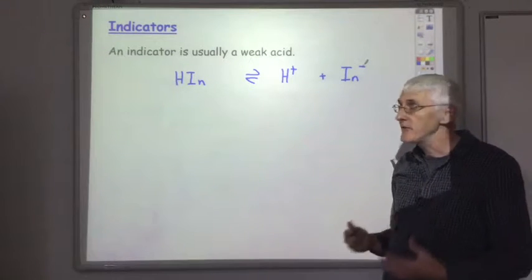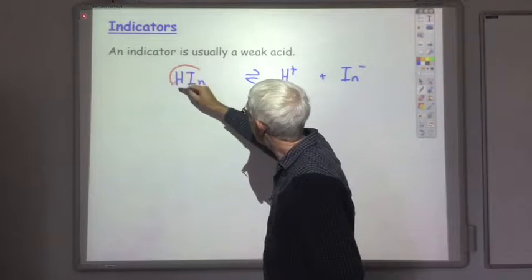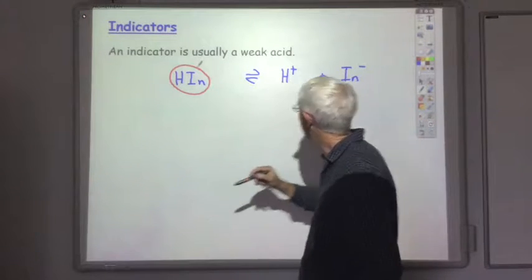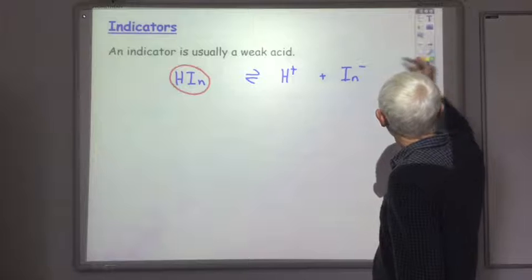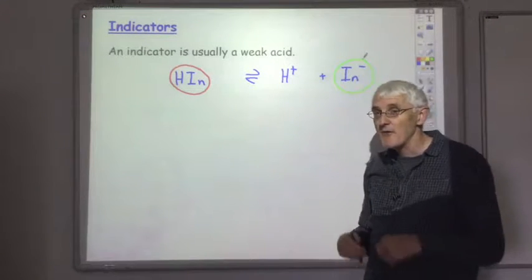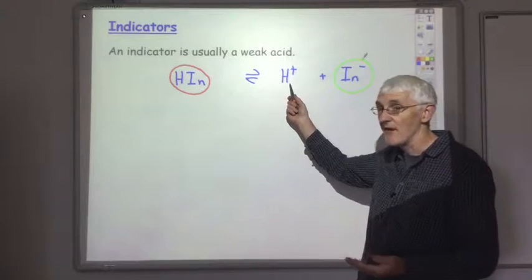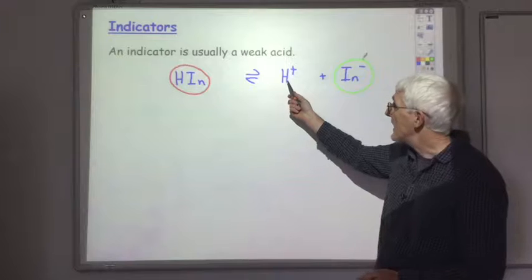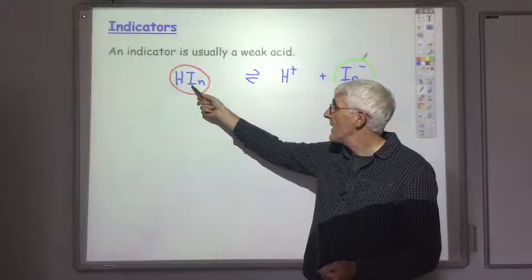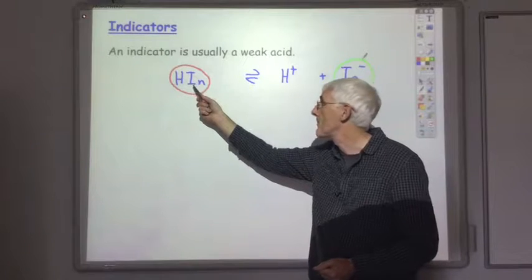Now, in order to be a useful indicator, you want the colour of this species here to be different from the colour of this species here. So if you've got a high concentration of H plus ions, so you've got a very acidic solution, the equilibrium will lie to this side and you'll get the colour of this species, the HN.